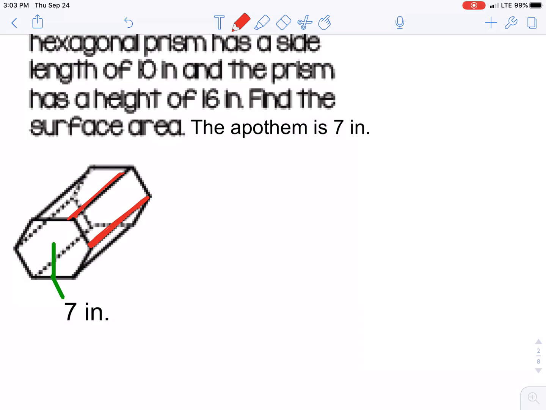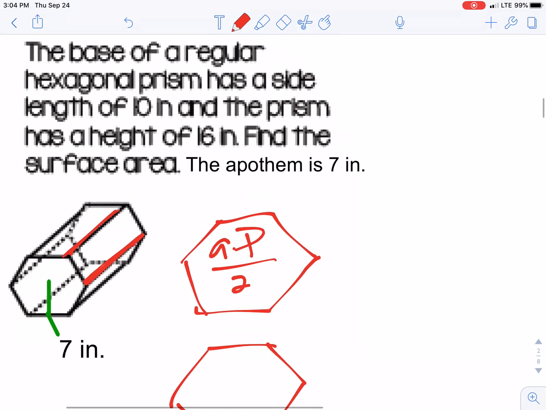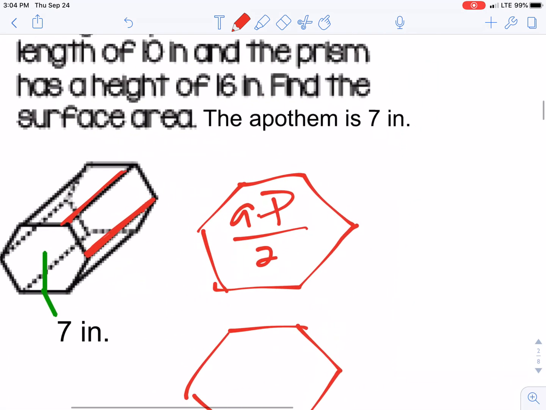All right, let's go through this now. I have that as my base, and I have 2 of those. Apothem times perimeter divided by 2. The side length is 10, so my perimeter is 6 times 10, or 60.